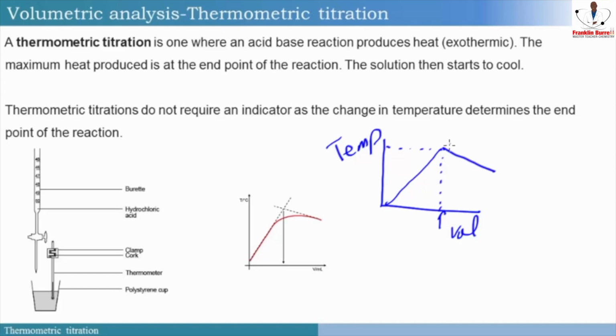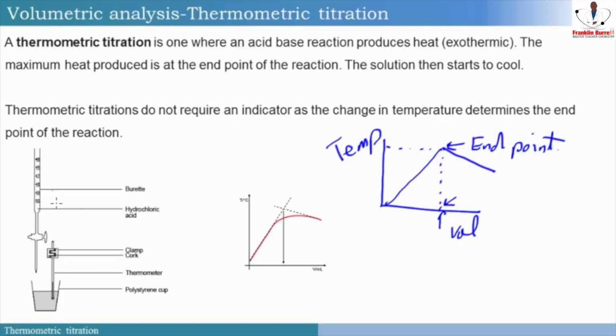So this would represent our end point. Remember that the end point is different from the equivalence point. However, at this level, we normally use it interchangeably. So this volume here will be the volume we used in the calculation.